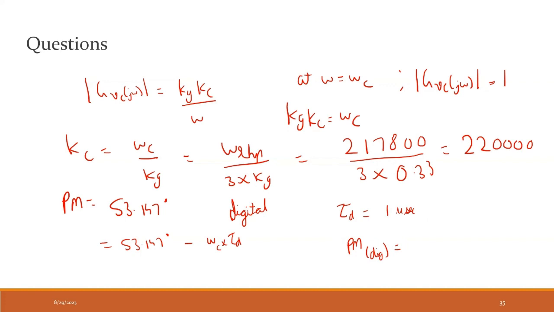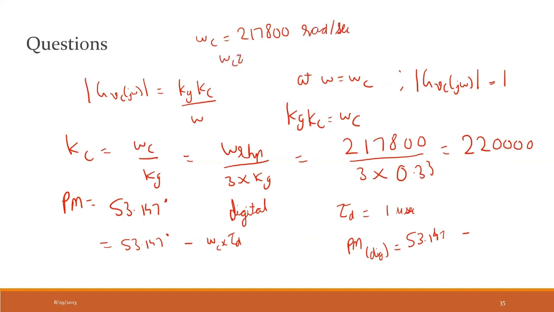Yes, it has to be changed into degrees. So it will be 53.147 minus this. Omega C is 217,800 radians per second.